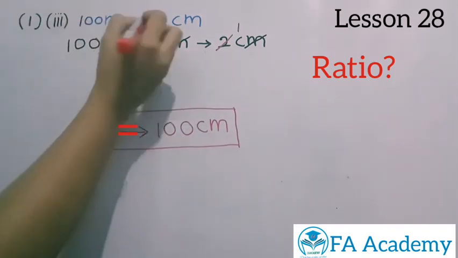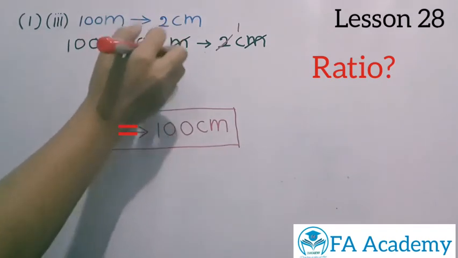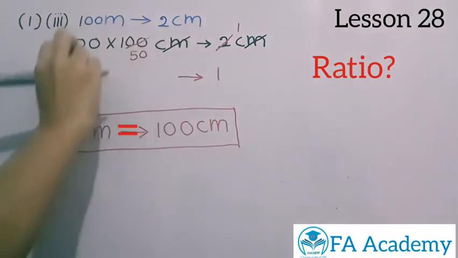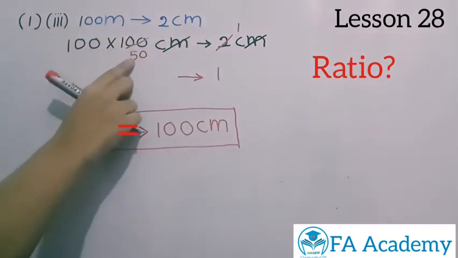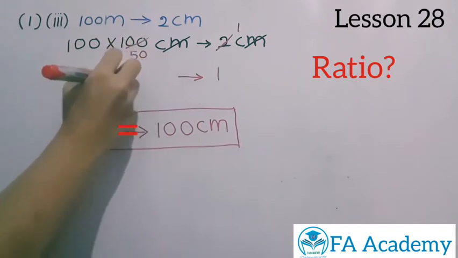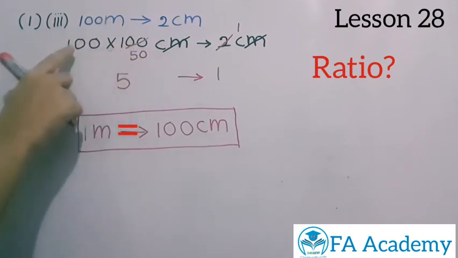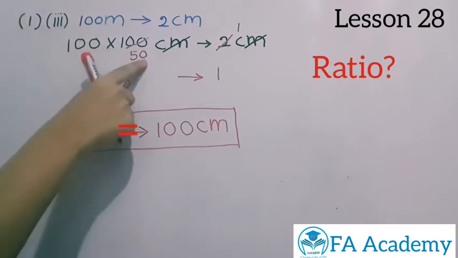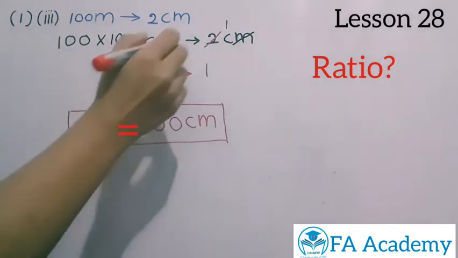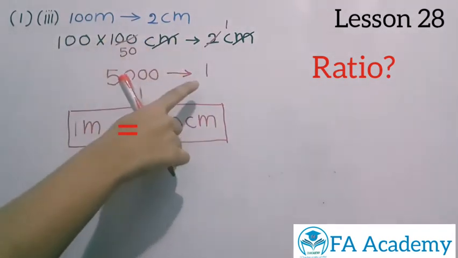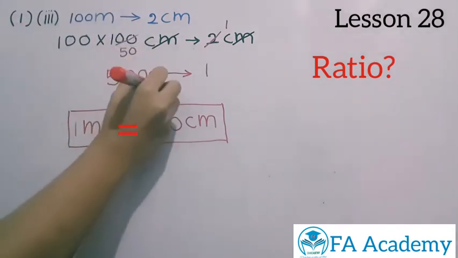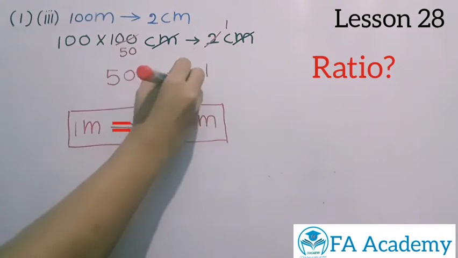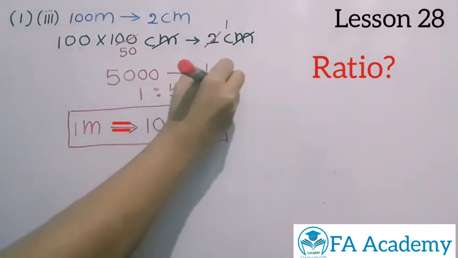So when you cut this, it will become 50 here. So what will happen? You have 1 here, and then here you have got 5, and then when you multiply, first you can multiply the numbers 5 into 1 and put the rest of the zeros. So 1, 2, 3, there are 3 zeros. So 5000 gives 1. So when 5000 gives 1, that to write in ratio, what we should do? 1 to 5000 ratio. 1 to 5000 ratio.